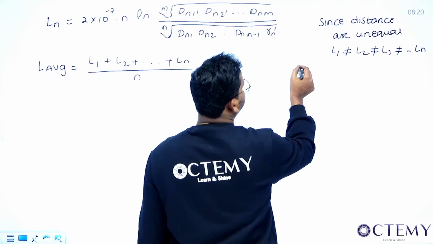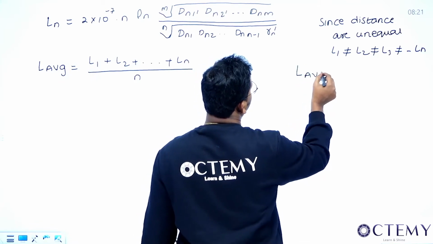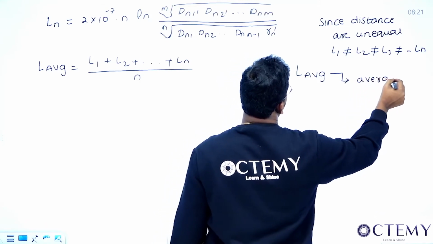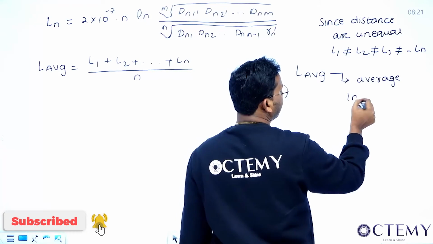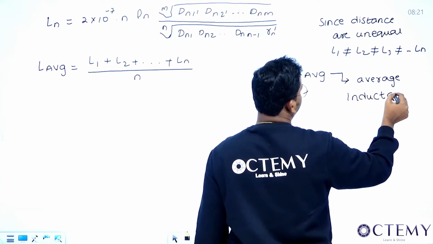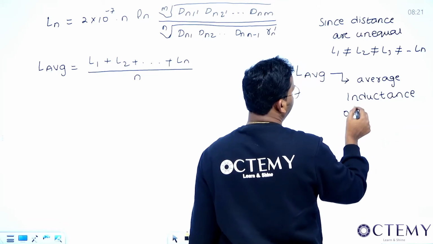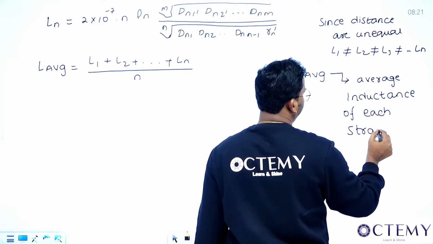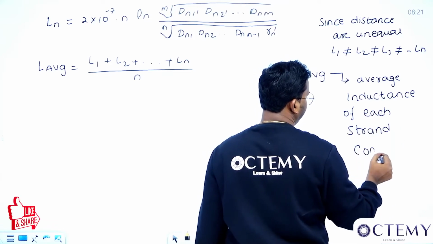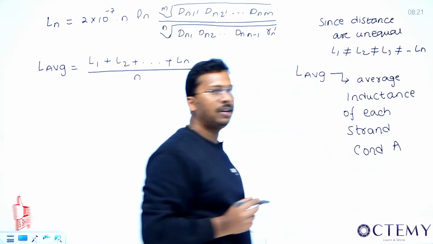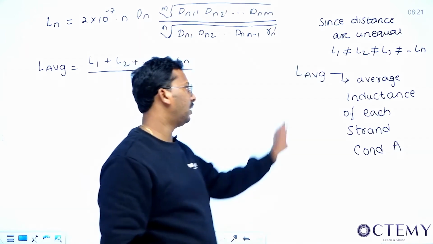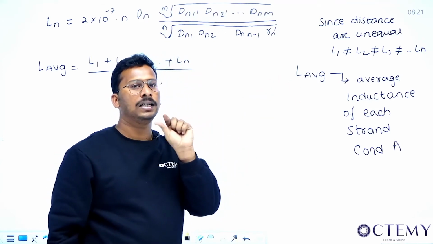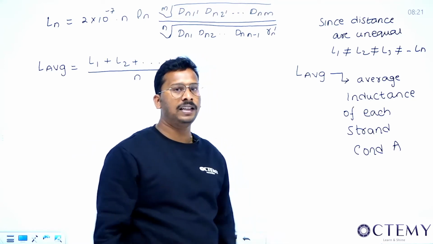L average is basically the average inductance of each strand in conductor A. Because they are not equal, what I am doing is trying to average them out, sir. Once I have averaged them out, then I will get the inductance of each strand in conductor A. Then I can find the inductance of A.